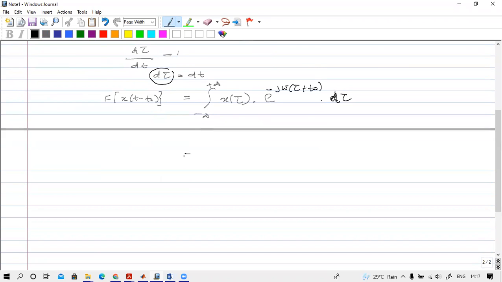What is the independent variable of this expression? Can someone tell?